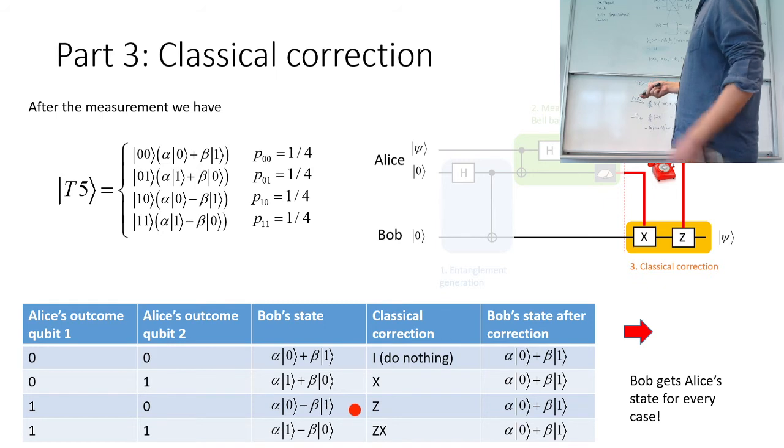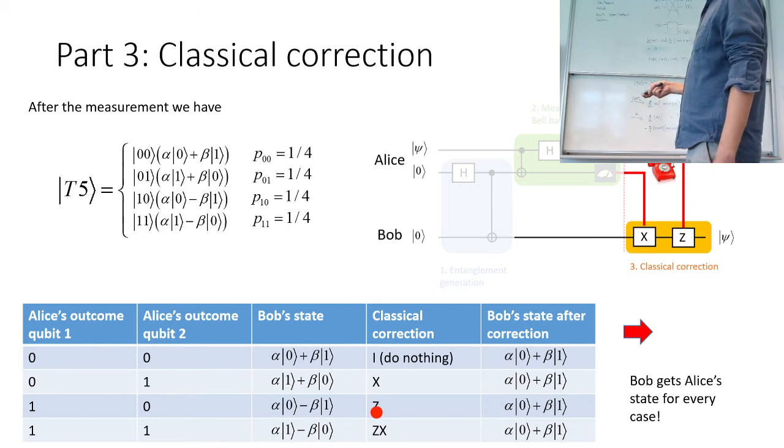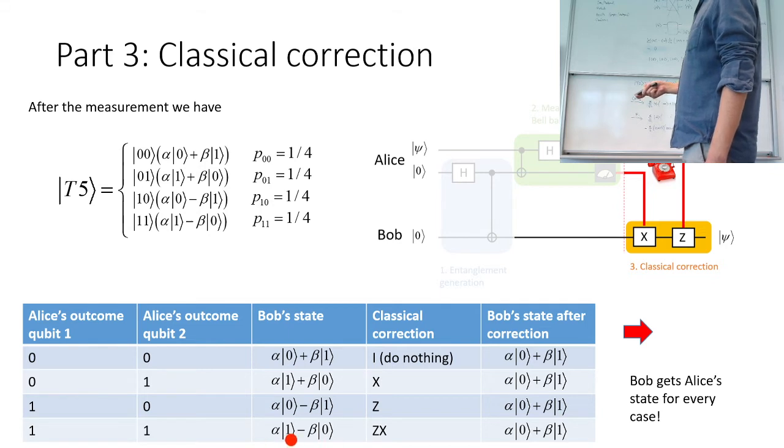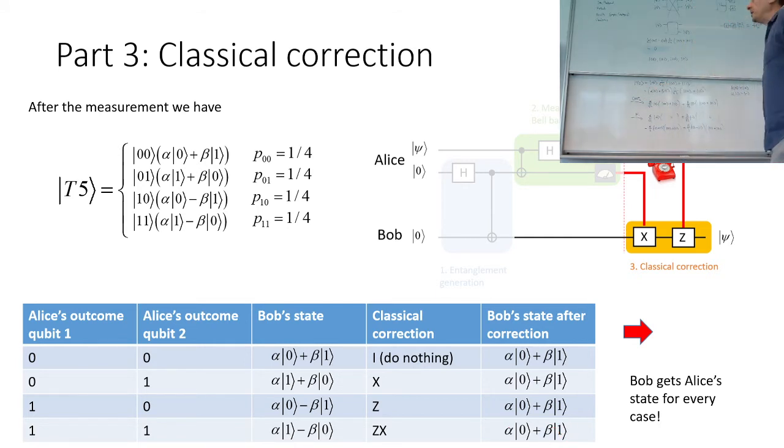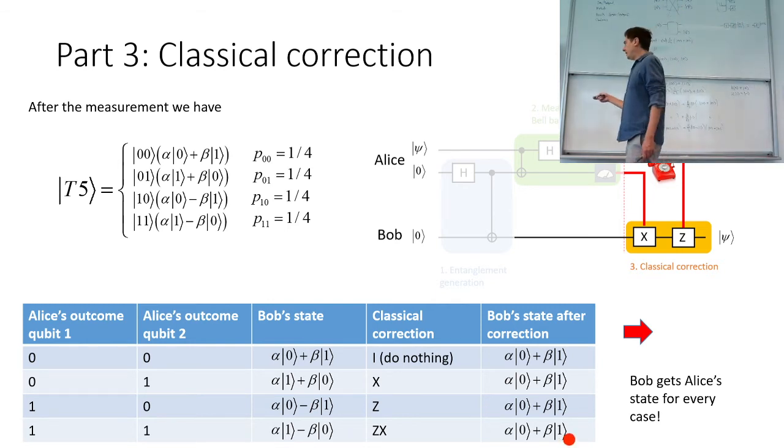Here the state had an extra minus sign, and you can fix that up by applying the Z gate. And this one was a combination of both. It's flipped and it has a minus sign. So if we apply a ZX, this will also fix up the state. And in all 4 cases, we get the state that Alice originally had.